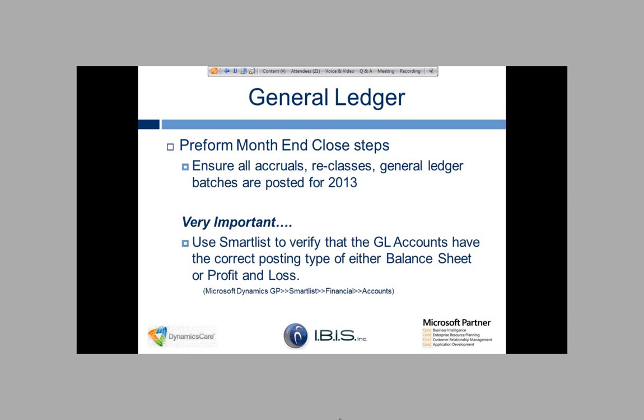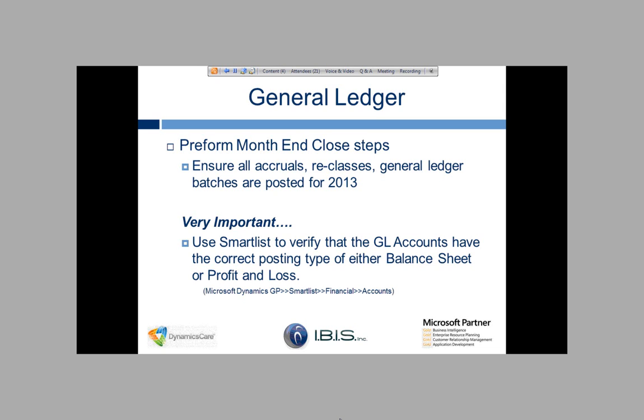It's going to roll forward, which will cause your balance sheet, your financial report, to be off, because your retained earnings will be off, and your profit and loss going forward will be off.